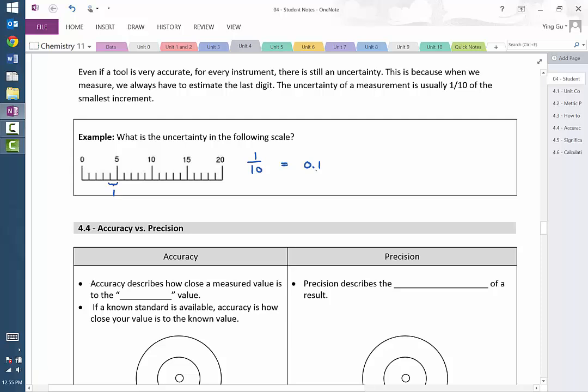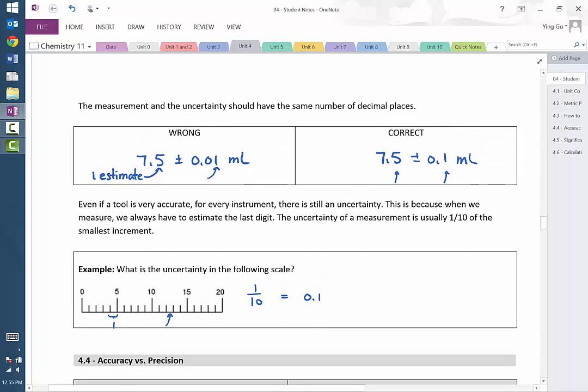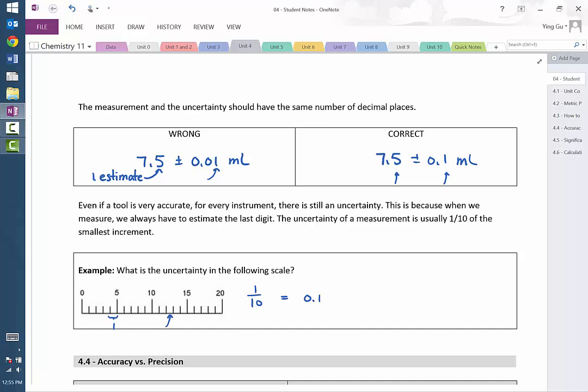So our uncertainty for this particular scale is going to be plus or minus 0.1. This should make sense, because if you're reading a value, let's say between here, you could say this is 12.5. So that decimal place will match. So that is how we measure.